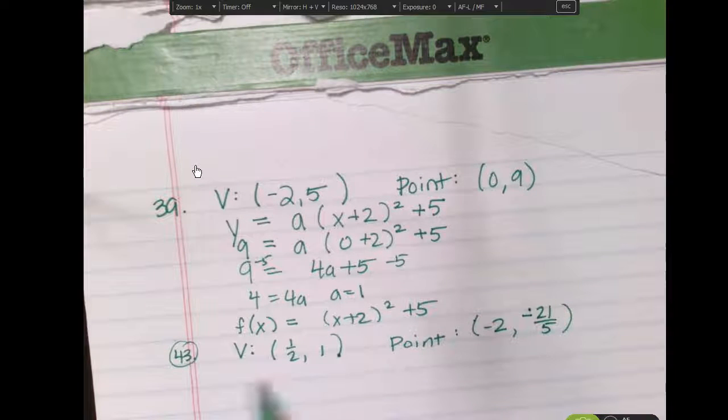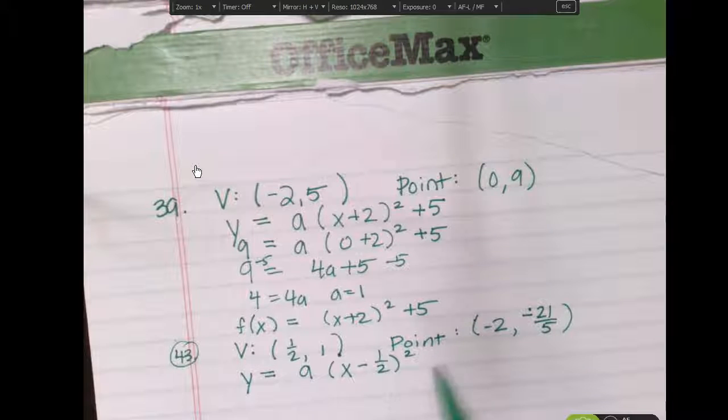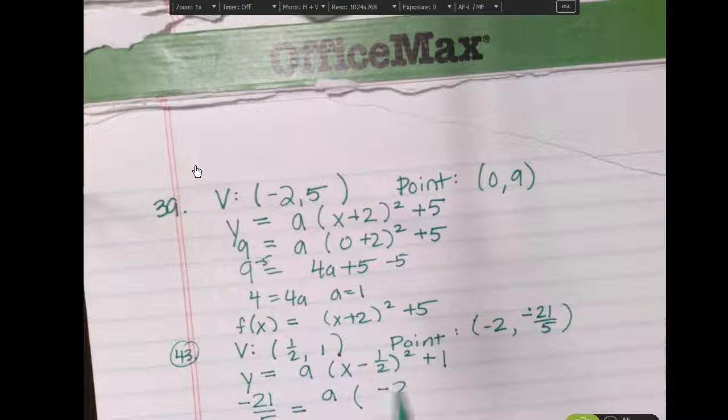Okay, so let's go ahead and I'm just doing things one at a time. y equals a times (x minus 1/2) squared plus 1. And then I'm going to go ahead and substitute my y. -21/5 equals a times (-2 minus 1/2) squared plus 1.